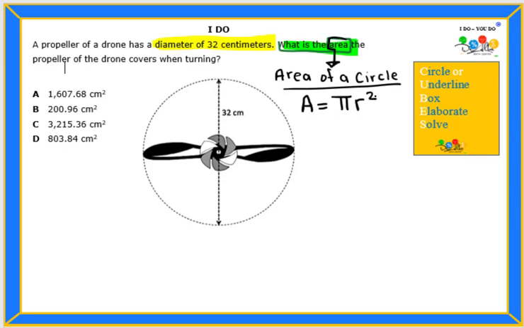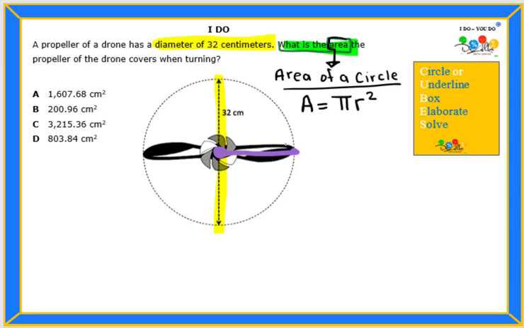So in this diagram, they have shown us the diameter is all the way across the circle that the propeller is covering as it spins. So what I want to do is just find half of that to get my radius. From the center to the edge, that would be the radius.